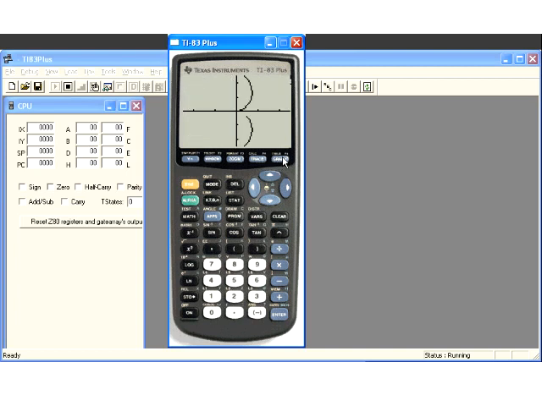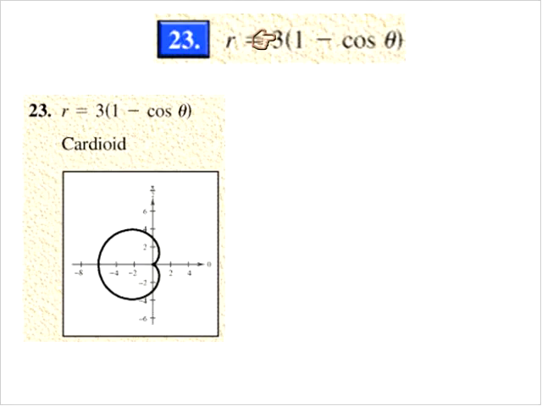Let's graph, and I will probably have to change the window here because it looks kind of like just some hills on the side. I'm always going to start in standard and see. That's pretty good because I know what it looks like up close. So it kind of looks like a heart on its side. Let's see if that matches up. And it is. This is what we call a cardioid. So heart, yeah, because with cardioid, you think of heart.